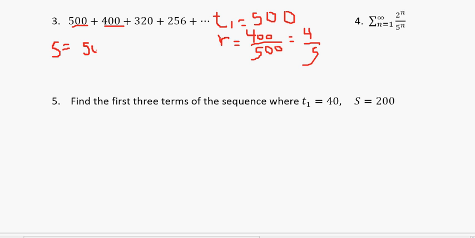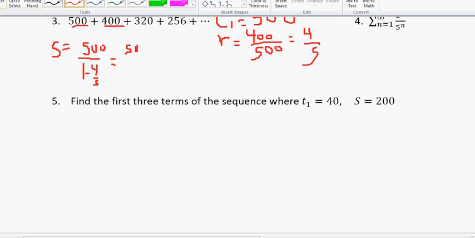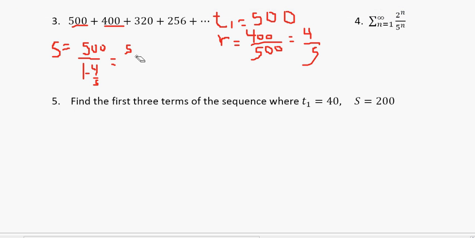The sum is equal to T sub 1, which is 500, over 1 minus R. 1 minus 4/5. Okay? So that's 500 over 1/5, because we would change 1 to 5/5. 5/5 minus 4/5 is 1/5.